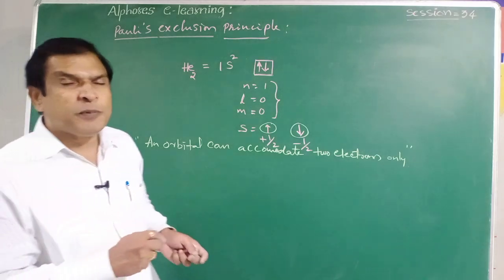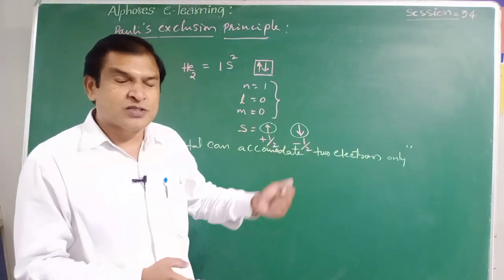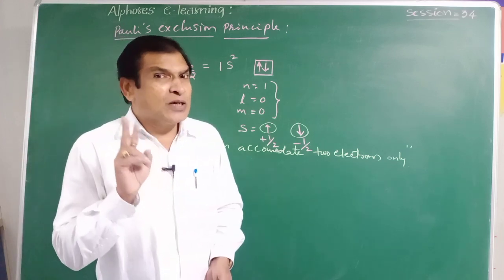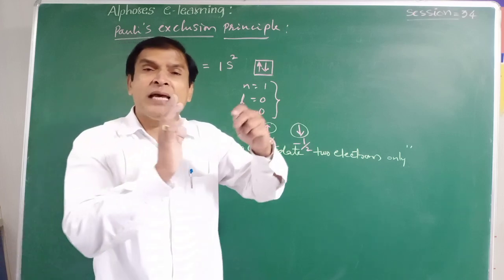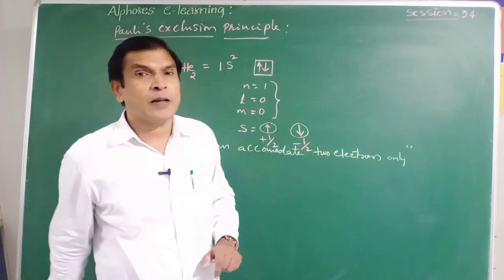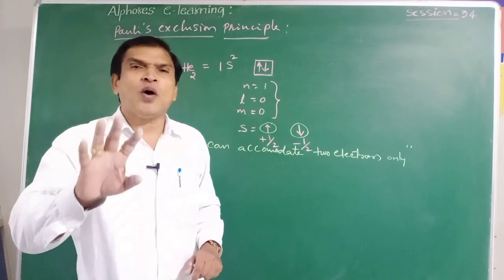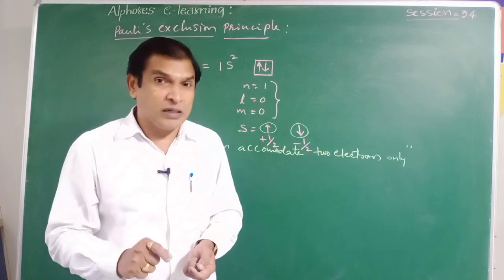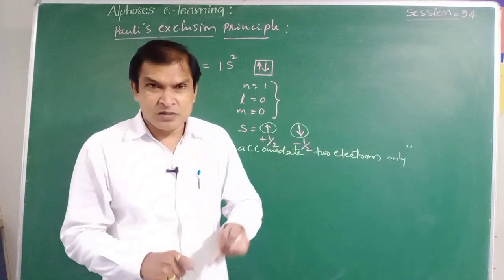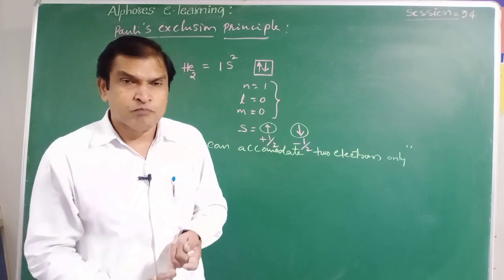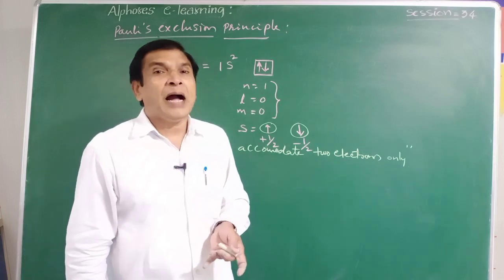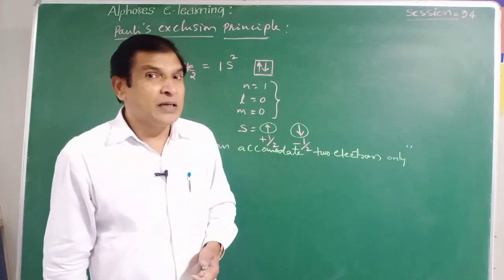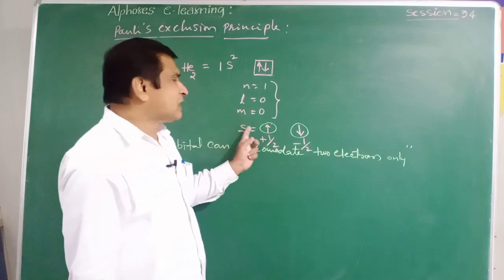Now once again, let me repeat the statement of Pauli's exclusion principle. No 2 electrons of an orbital of the same subshell of an atom can have all the 4 quantum number values identical. The 2 electrons belonging to the same orbital possess the same principal, azimuthal and magnetic quantum number values, but differ in spin quantum number values.